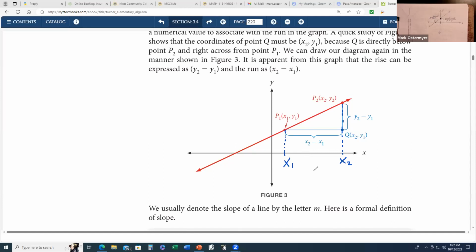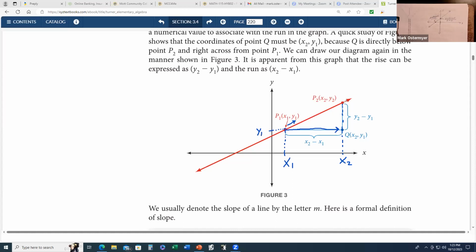True. So the amount of horizontal change I experience as I walk along this red line from point P sub 1 up to P sub 2 is the difference between the x coordinates of these 2 points: x sub 2 minus x sub 1. That's the amount of run or horizontal change I experience. In a similar fashion, if I project point P sub 1 horizontally in a perpendicular fashion back to the y-axis, I strike the tick mark y sub 1.